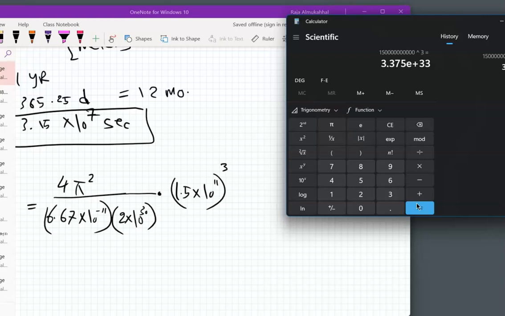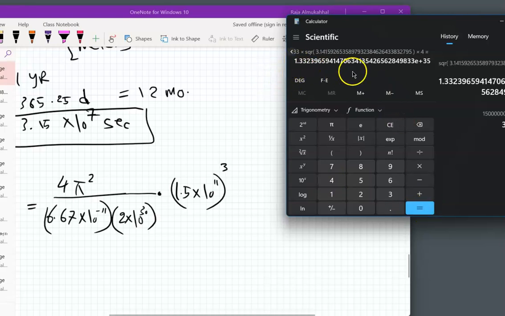We got that. Now I'm going to multiply it by pi squared, and we got that. And then we're going to multiply by 4, equals, and we got this number.